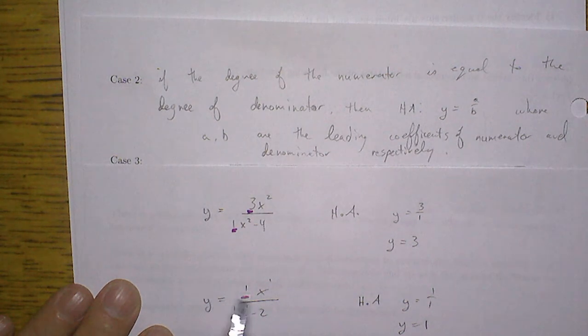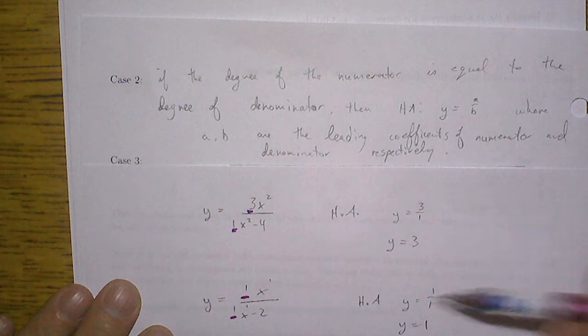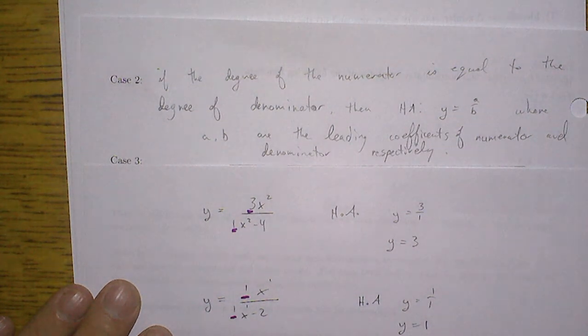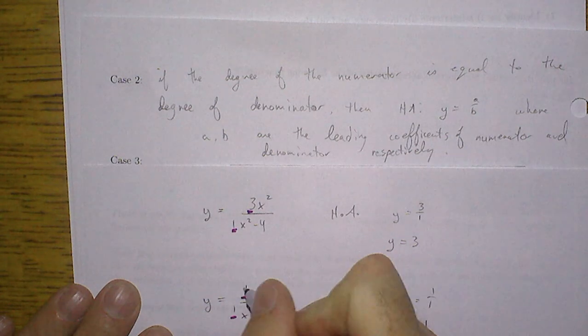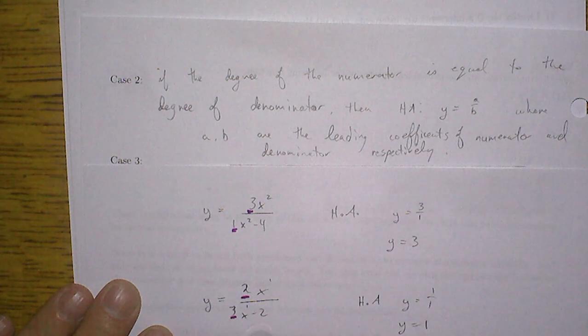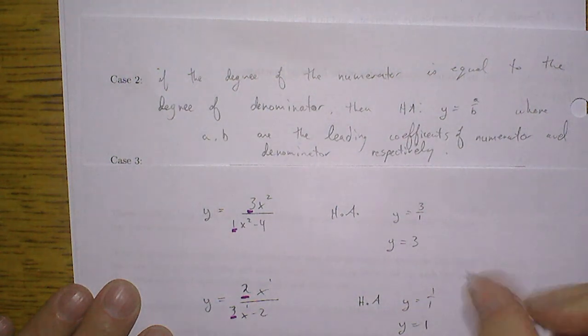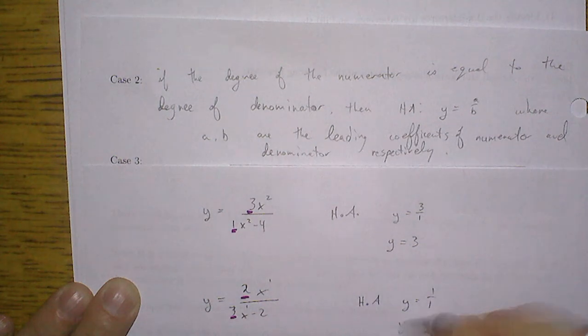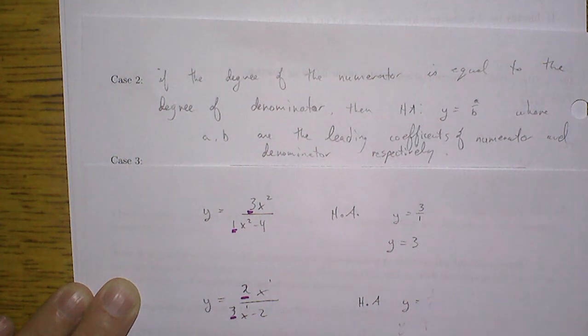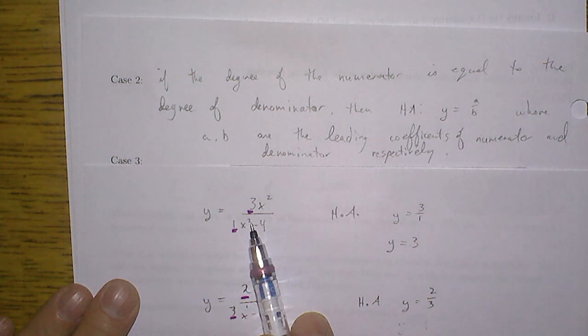If you change the top to 5x, then it would be 5 over 1. Similarly, if I just put y is equal to 2x divided by 3x minus 2, then my horizontal asymptote would no longer be this, but would be 2 over 3. And this is under the condition that our degrees are the same.